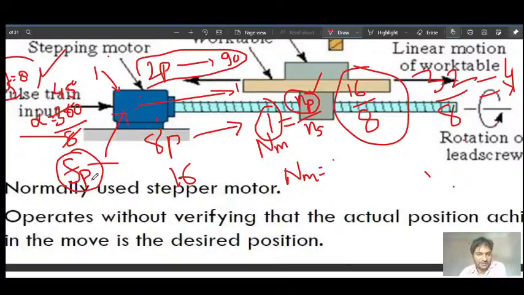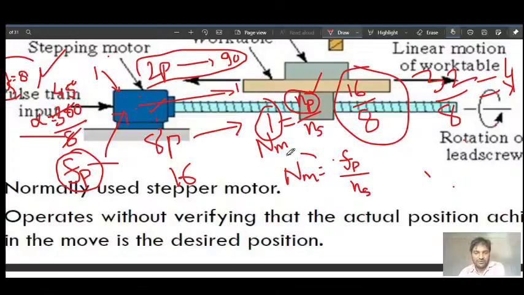As the motor runs based only on the pulses, Fp is the total number of pulses the motor has received in 1 second, and how many turns it has rotated we get simply by dividing by 8. So instead of writing 8, we can generalize it by writing the number of step angles, Ns.